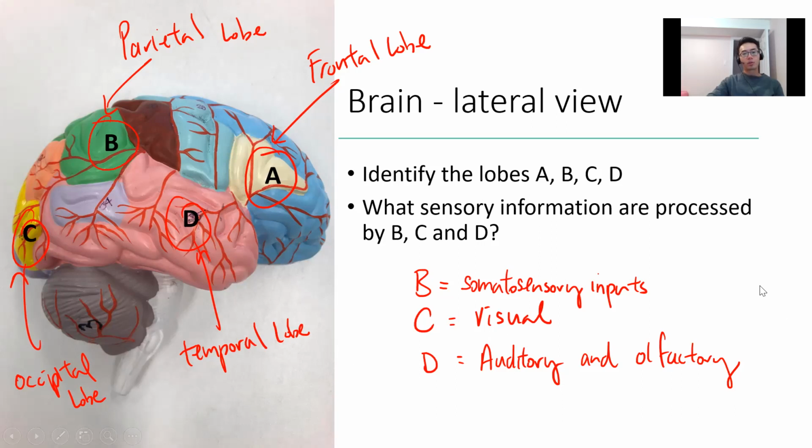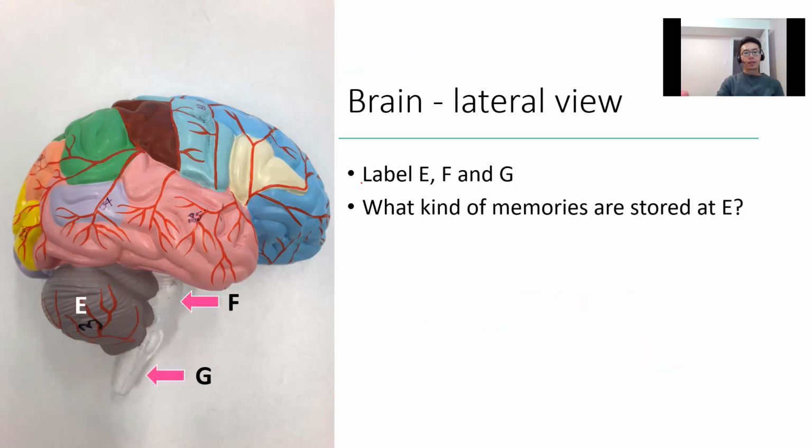Just let me know if I'm going too fast. Again, I'm assuming that you have done this already. Next one, label E, F, G. E is the cerebellum. What kind of memories are stored in E?